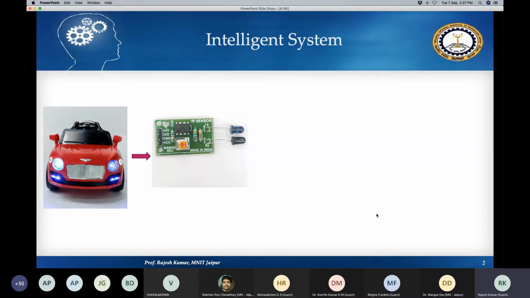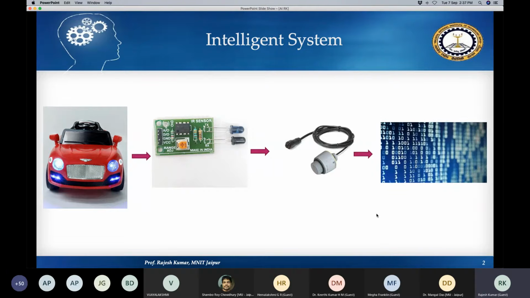The job of these sensors is to sense the surroundings and give us the information in terms of signals, which we can consider as data. We can process it through some kind of converters, and the signals we receive from the converters are in the form of data. So this is a simple pipeline.